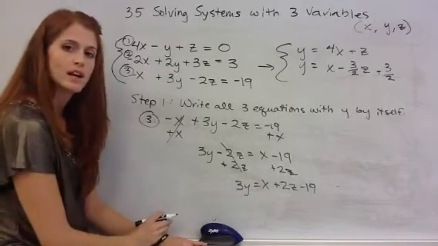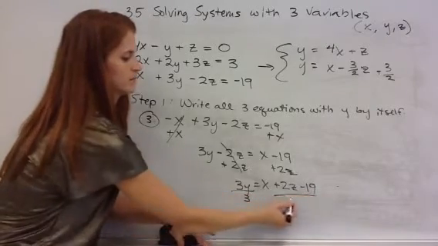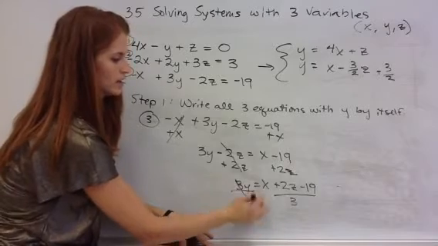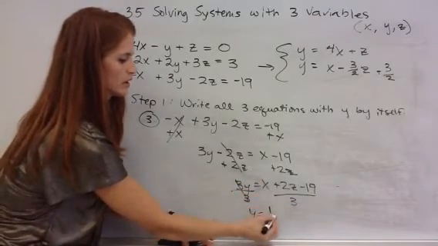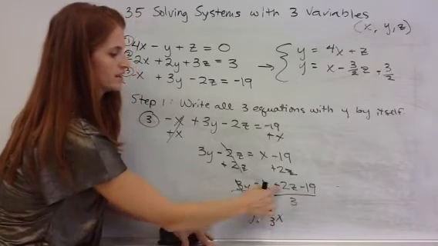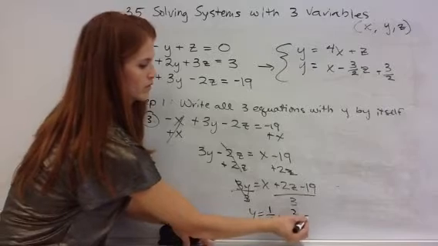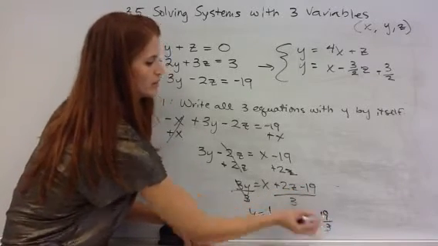Again, we want y by itself, so I still have the 3. Let's go ahead and divide through by 3. I have y equaling, there's a 1 in front of this x, so this gives me 1 over 3. This is going to give me 2 over 3. And since it's negative, I'm going to get 19 over 3.